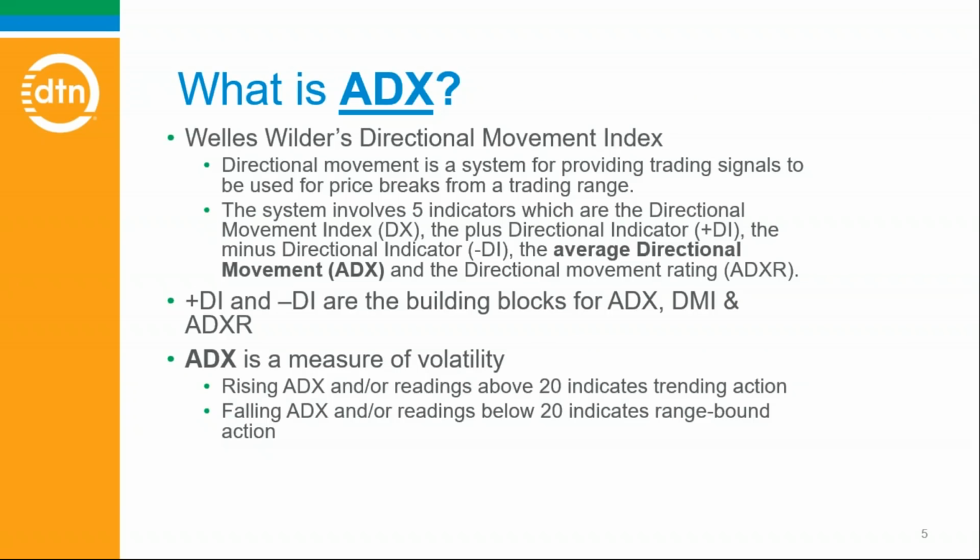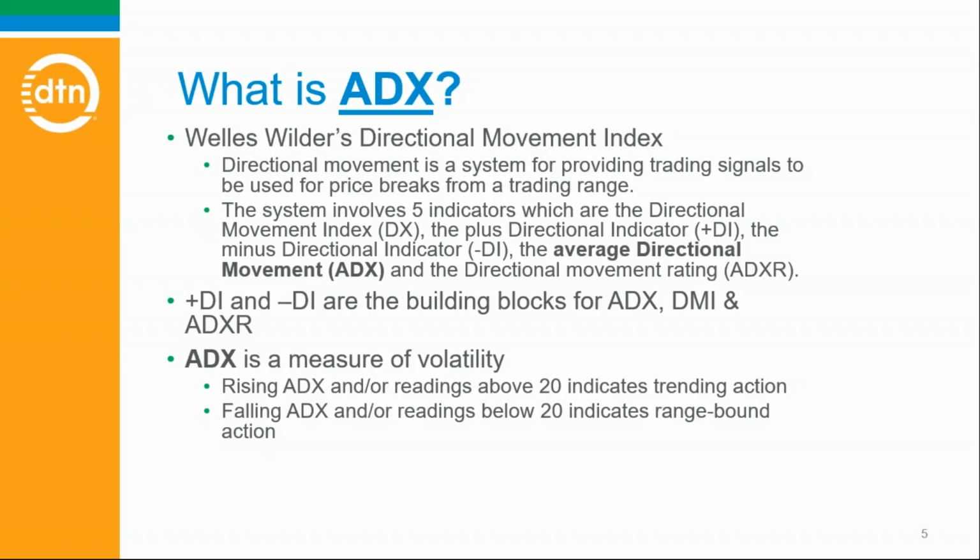Okay, I don't want to take too much time on the mechanics of what is ADX. I just have it in your notes here for reference. I want to spend more time on the mechanics of how this thing works, functionality, things like that. But I'll go over it very briefly here. So Wells Wilder was the developer of something called Directional Movement Index.